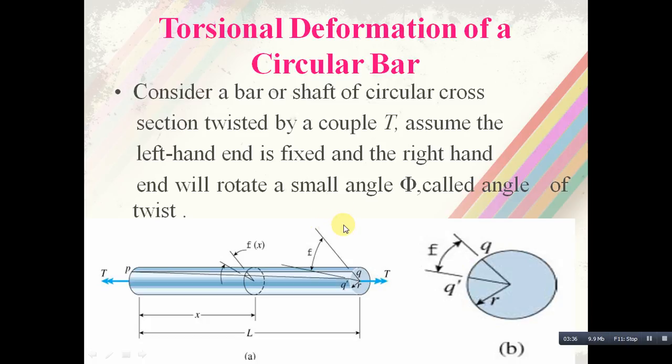Angle of twist is when a bar or a shaft undergoes torque, the shaft will twist and cause displacement. Here we can see the displacement from Q to Q dash, and the angle produced by which it gets rotated is called the angle of twist.